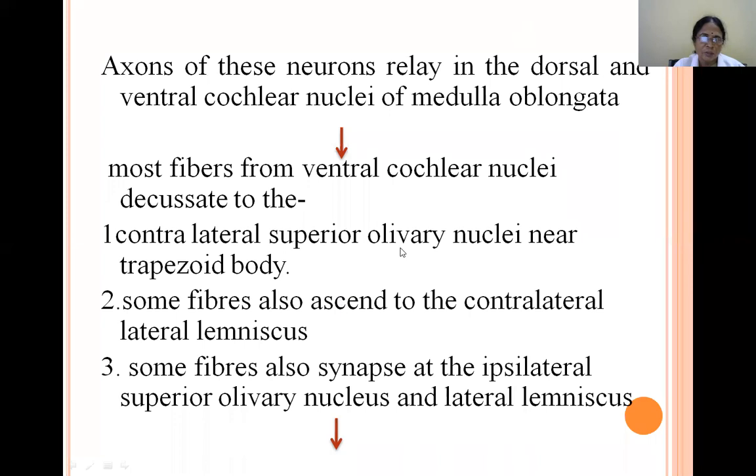They reach the superior olivary nucleus in the pons, and also ascend to the lateral lemniscus on the opposite side. Some fibers also go to the ipsilateral, that is the same side, superior olivary nucleus of the pons and lateral lemniscus. Therefore, the fibers go to both the same side and the opposite side, mostly the opposite side for the ventral cochlear nuclei.